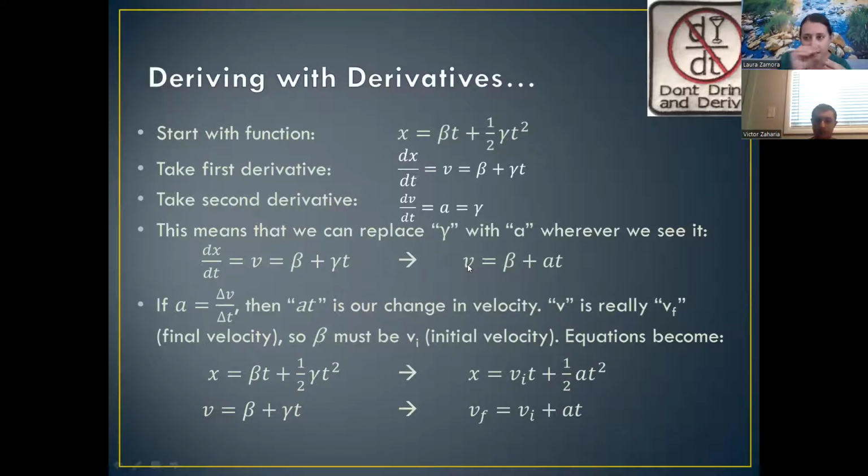Or if we move the beta over to the other side of the equal sign, then we would end up with v final minus beta equals change in velocity, v final minus v initial. So if we have v final minus beta equals v final minus v initial, and those two things have to be equal to each other, that means beta has to be initial velocity. Does that make sense? I'm sorry. No. Okay.